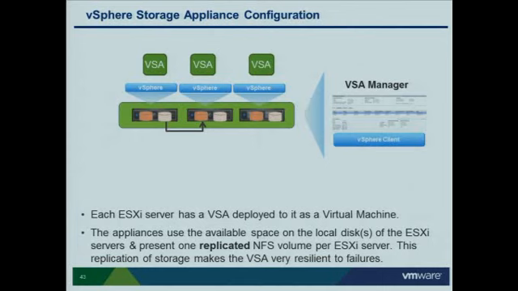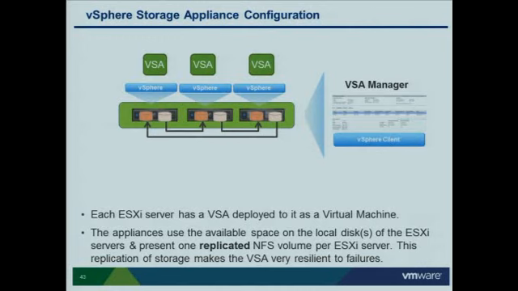Server A would mirror to server B, B to C, and C back to A. What this means is that we could lose an appliance, or we could lose a complete ESXi server. We've actually done demonstrations where we PSODed one of the ESXi servers, and the data stores inside the VSA continue to be presented. They're not impacted in any way.